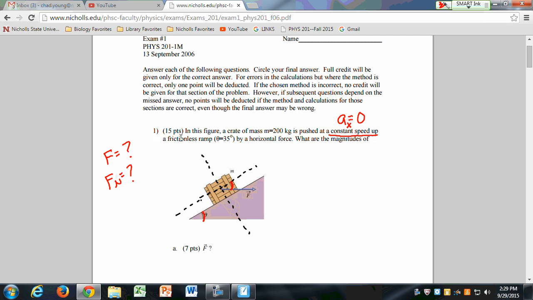Let me see if I can draw it. It's sort of hard to see in this figure, but I have this line, and then I have this line, and I have this force. That's my force. My force cuts across those two lines.